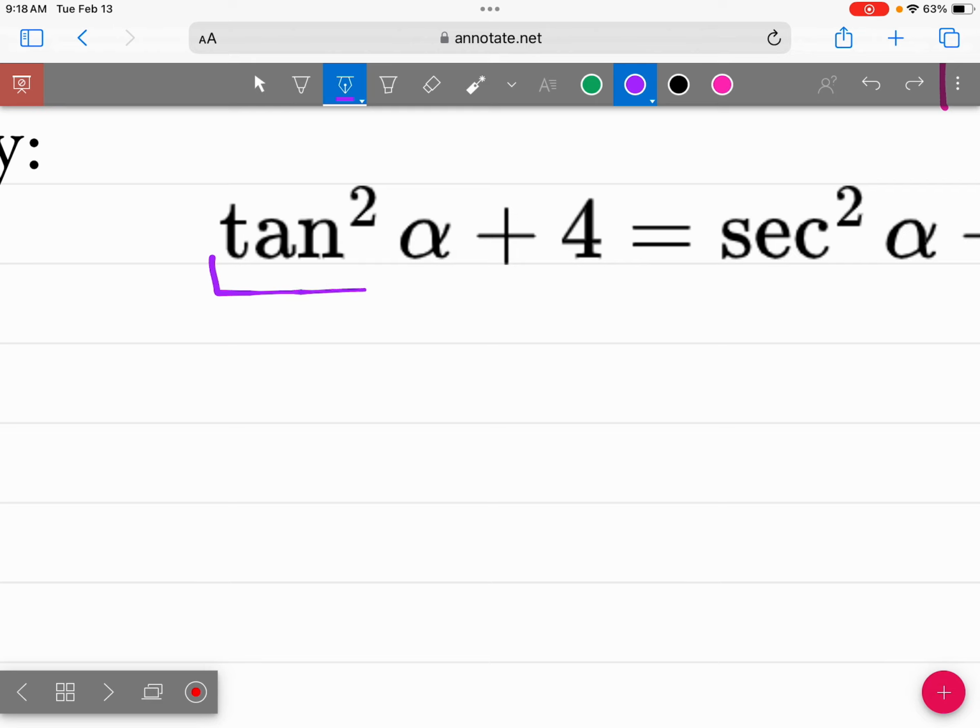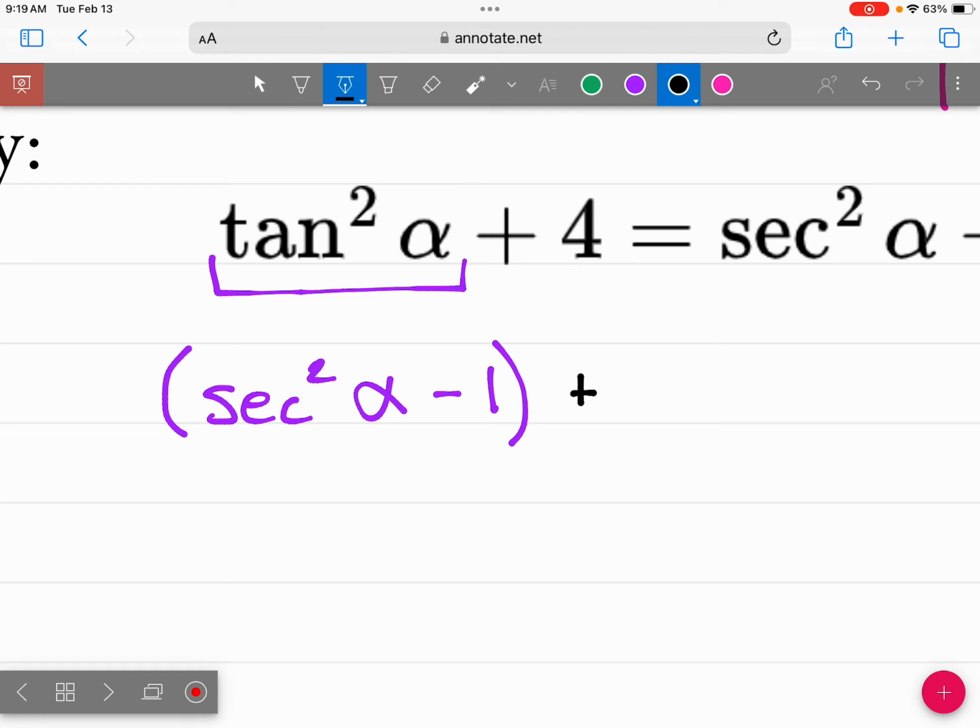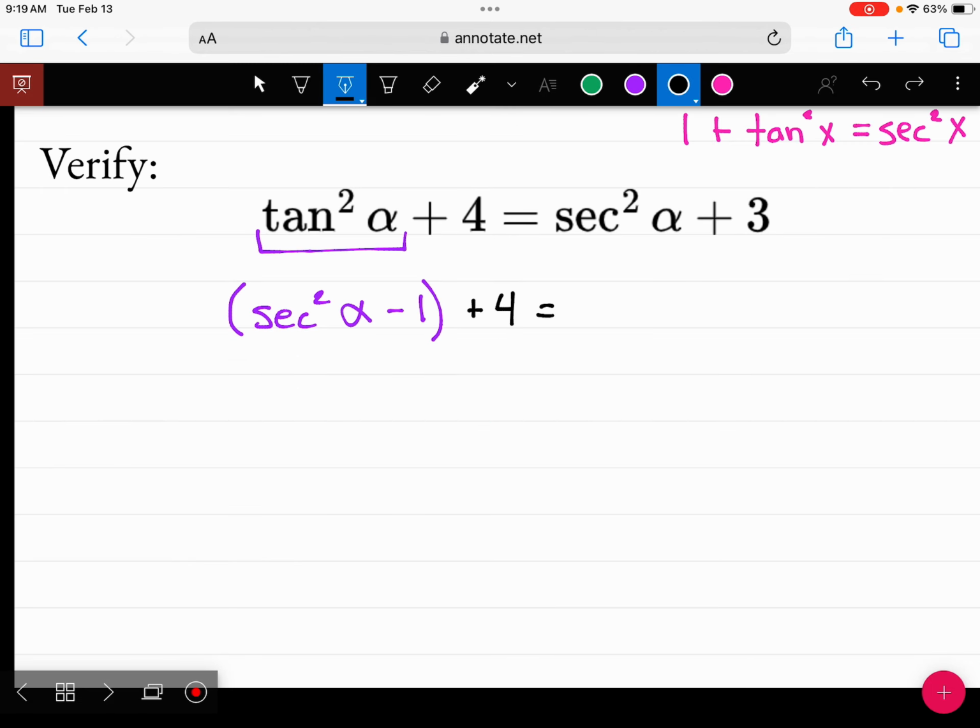So we can take our tangent squared of alpha and turn that into secant squared of alpha minus 1 plus 4, based off of that trig identity up here. Because now I have secant squared of alpha minus 1 plus 4.